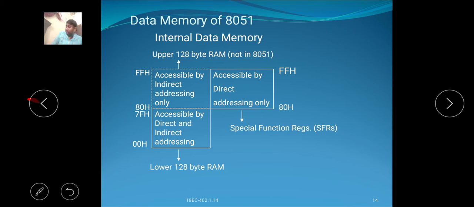The upper 128 bytes of RAM is not in the 8051. The 80H to FFH range is accessible by indirect addressing only, and the special function registers at 80H to FFH are accessible by direct addressing only.